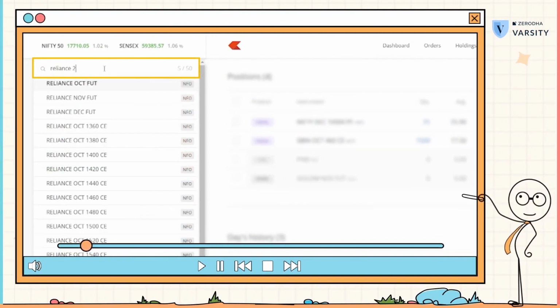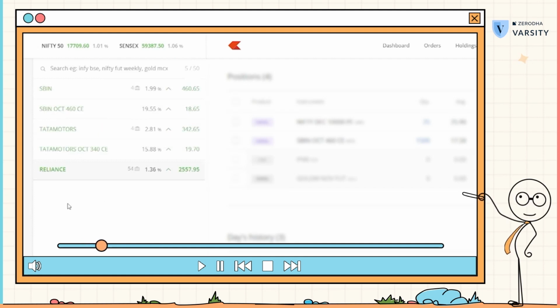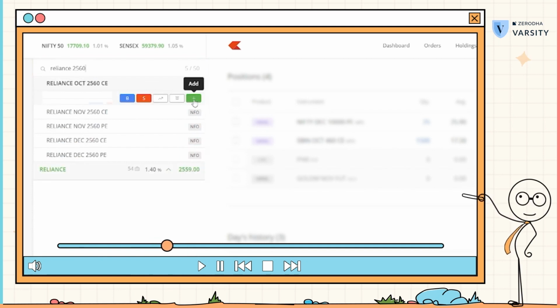As you can see, Reliance is trading roughly at 2,560 rupees per share. I will load a put option on Reliance with a strike price of 2,560. Take a minute to go through the details here. The underlying here is Reliance.